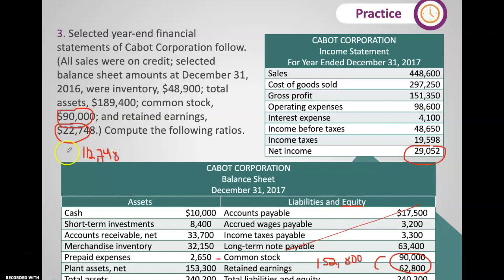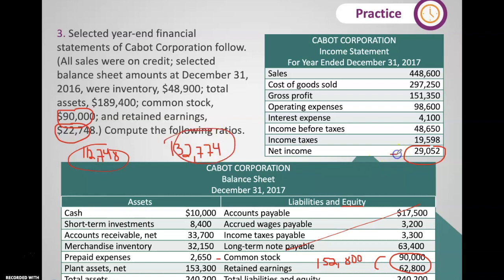So I have my equity section from last year. I have my equity section from this year. I want to find the average. So we're going to add them together and divide by 2 to find the average. And I got 132,774. So that would be my average common stockholders' equity.